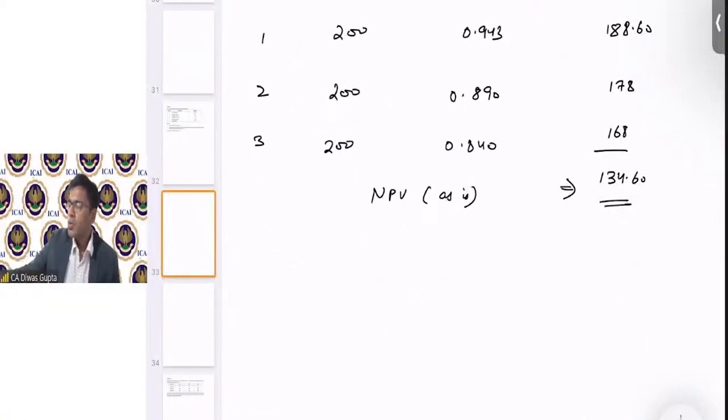Now 2.5% adverse variation in each variable will mean that, first of all, the initial cost is going to increase by 2.5%, keeping all the other things same. That is our first case. Selling price is going to decrease, from 100 it will become 97.5. The third factor will be variable cost will increase.